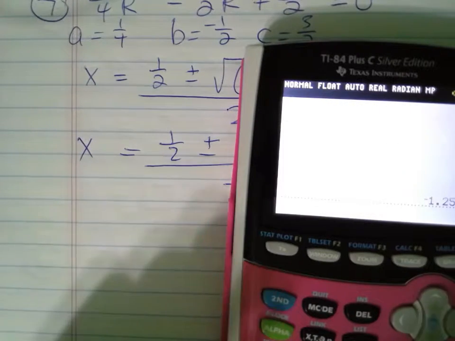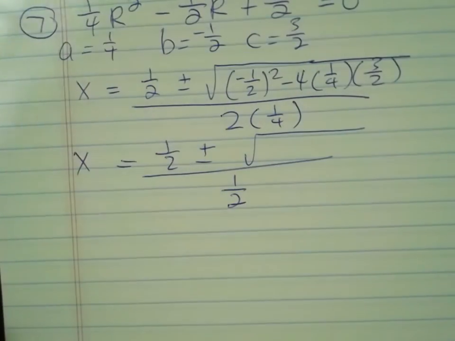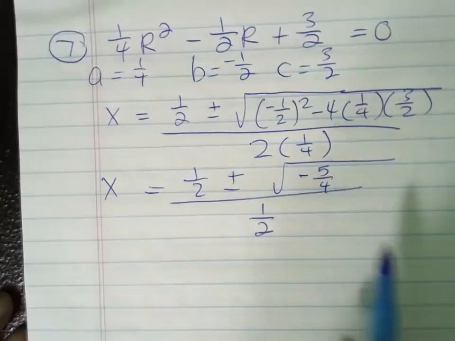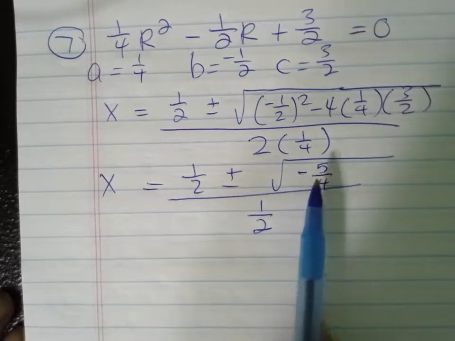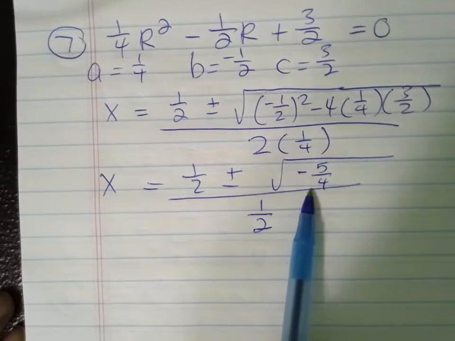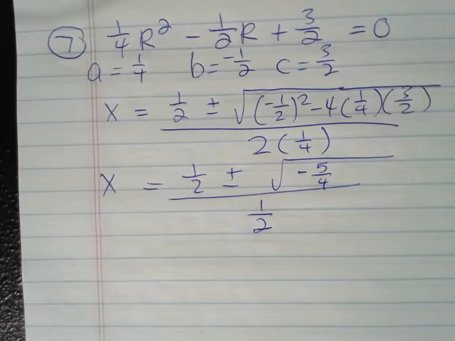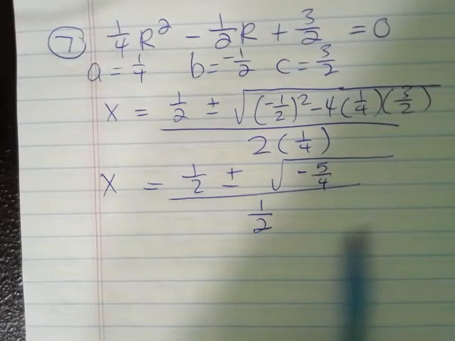Let's change it into a fraction. Negative 5/4. And we definitely cannot take the square root of this number, so we're going to leave it alone. I mean, I could simplify this more, but I'm not worried about that. This is fine.